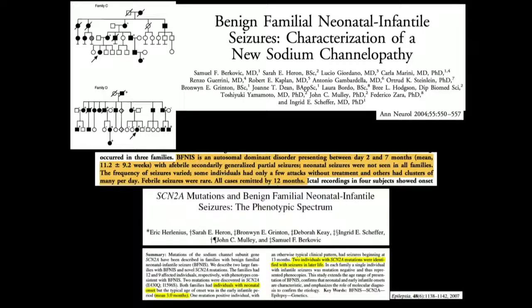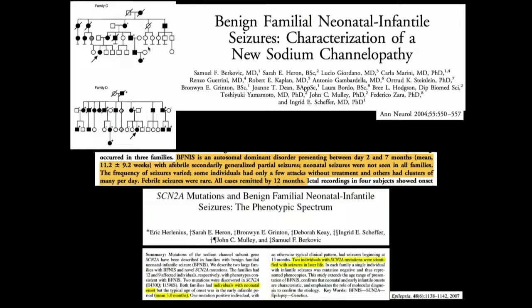Now, the story of SCN2A started with these presentations of benign familial neonatal and infantile convulsions. These were normal babies having seizures at around 2, 3, 4 weeks and up until 5-6 months. And there were families, there was no reproductive disadvantage. None of them developed seizures afterwards.